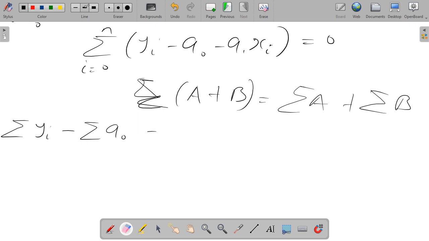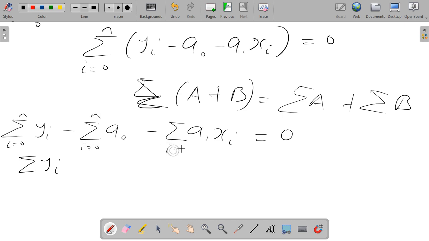So I'm having the summation of a1 xi is equal to 0. Don't forget that all these things, i is starting from 0 to n.